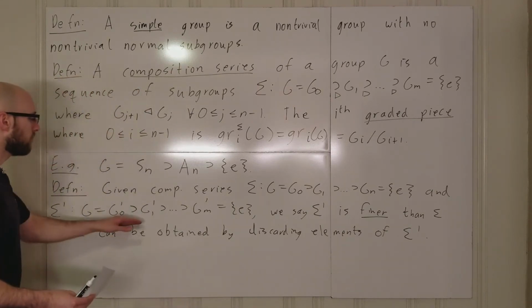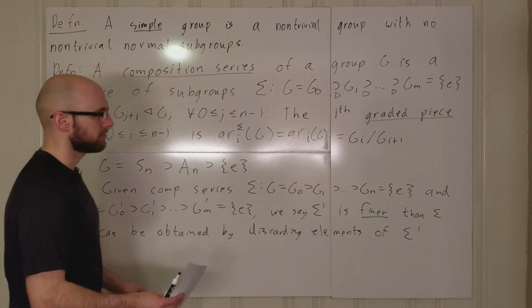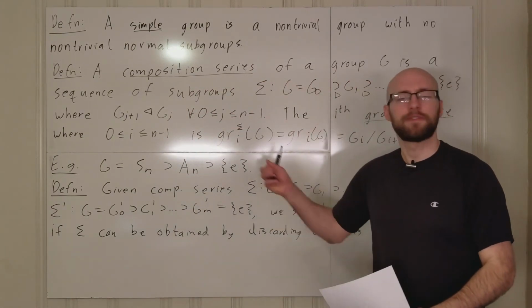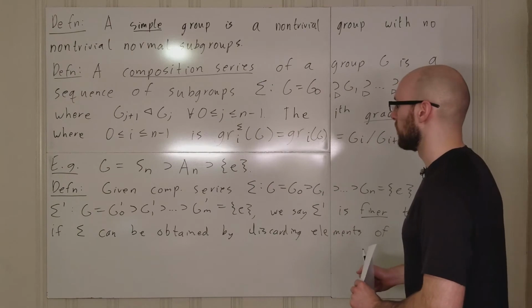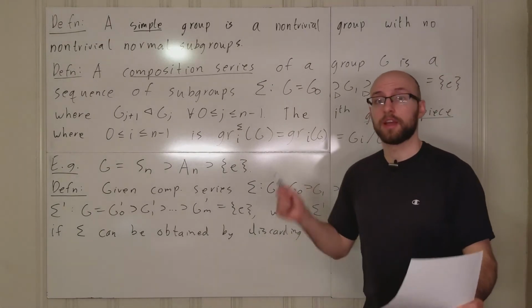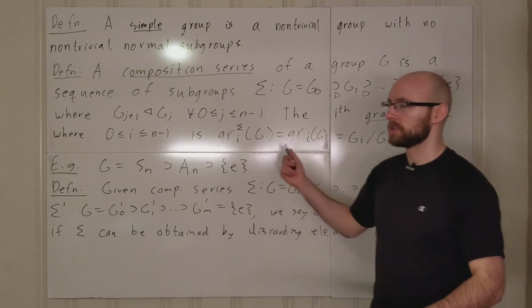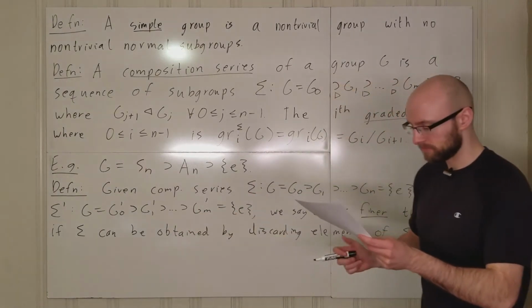So you can't always just take a composition series and throw things out of it and get a less fine composition series. But sometimes you can. And if you can, then you can have this scenario where one composition series is finer than another.